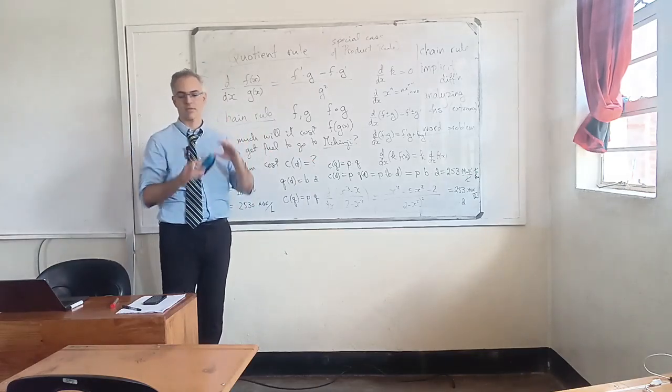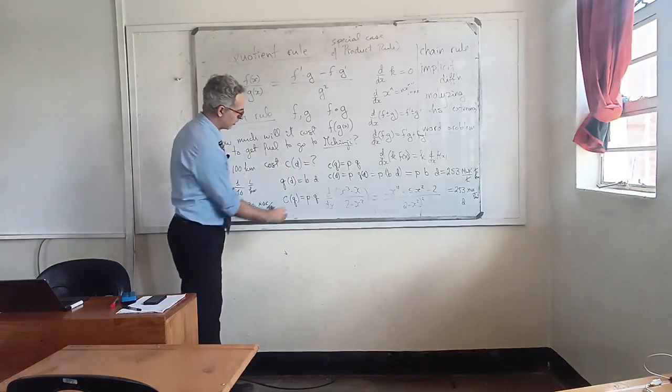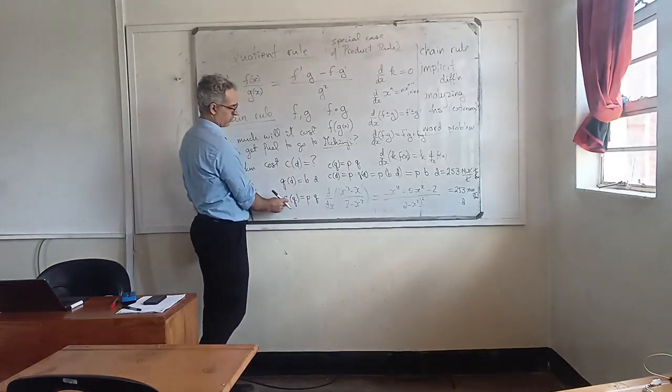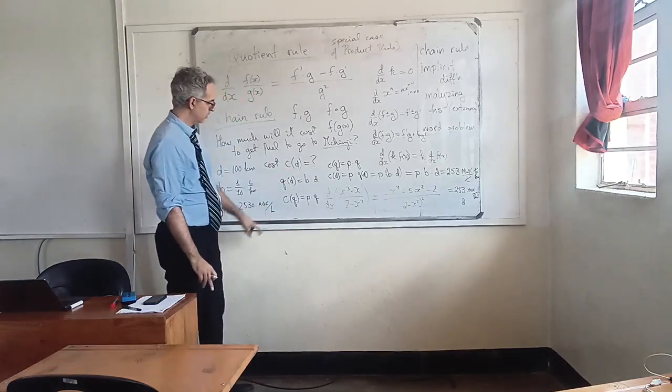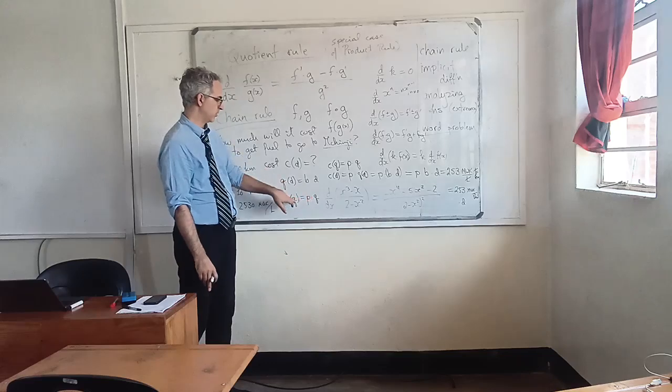We have composed the two functions. We took the function q and we put it inside the function of c. So that now c was not a function of d, it was a function of q.